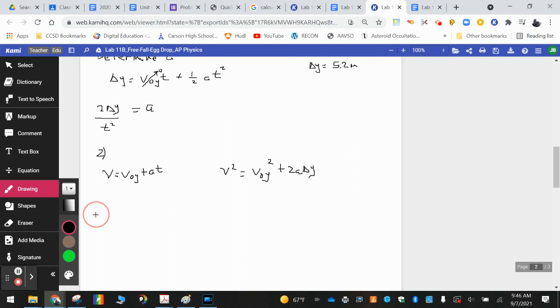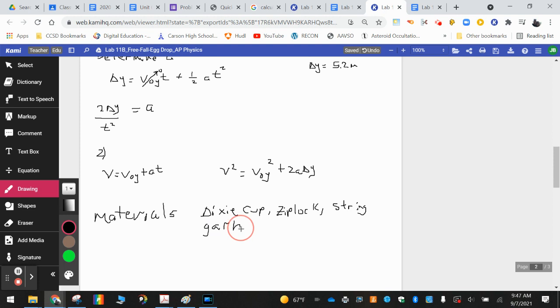All right, so materials. We are limited to the following materials. We can't use rubber bands. We can't use the marshmallows that are on the desk up there. So materials will be a Dixie or plastic cup.